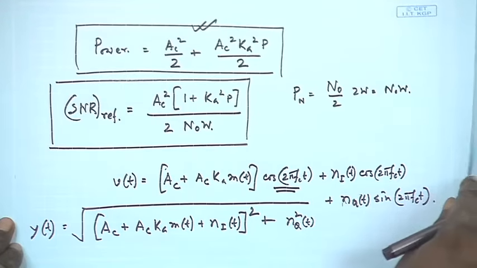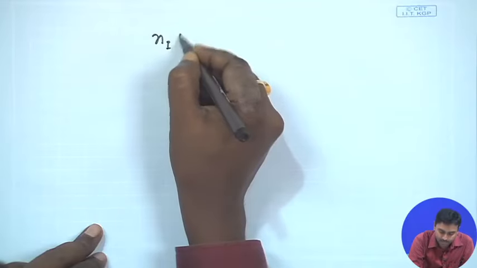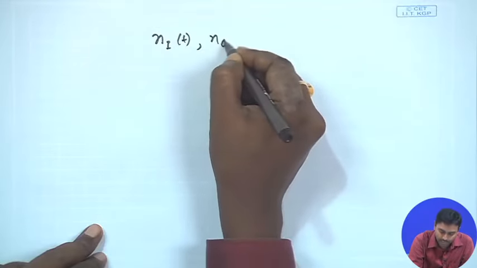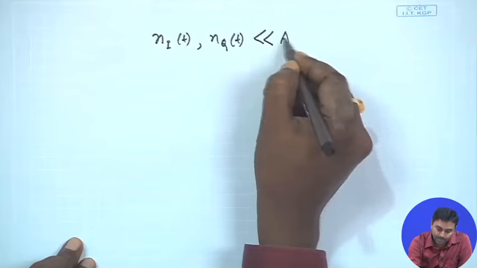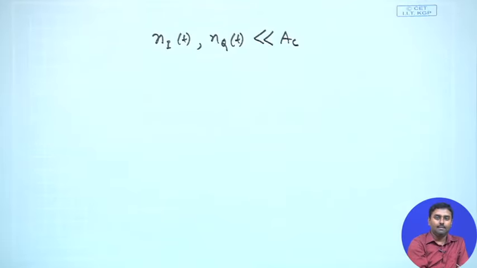But we will take a very simplified assumption over here. We will say that this noise term, both Ni or Nq, the in phase or quadrature component, must be much less than Ac. So, this is one assumption we are taking.